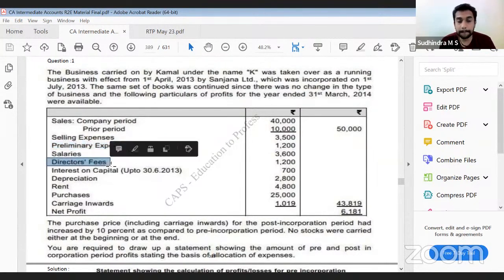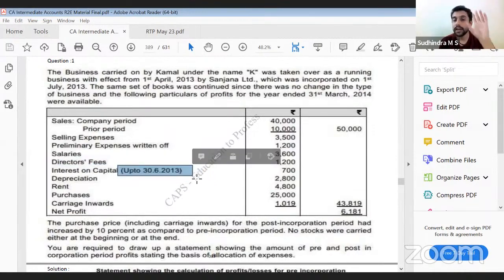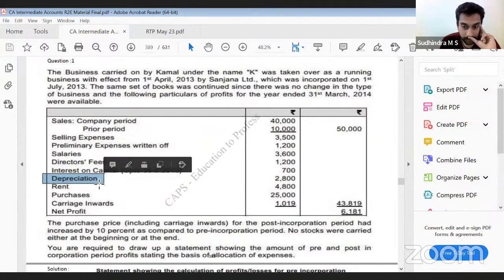Director's fees, purely post-incorporation item. Interest on capital, based on the information given, pre-incorporation, because it is up to 30th June. Incorporation date is 1st July. So it's pre-incorporation. Then depreciation, time ratio. Rent, time ratio.